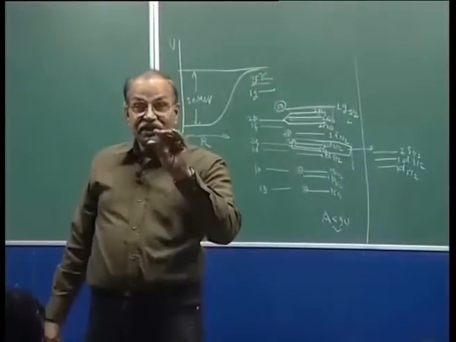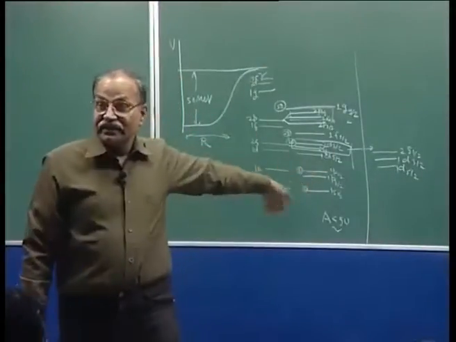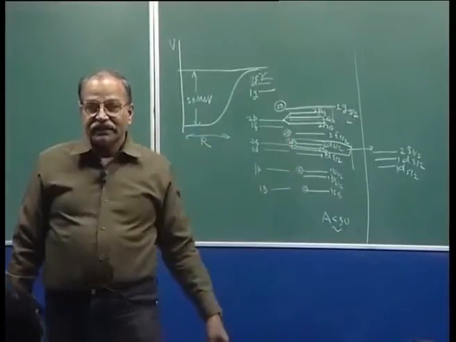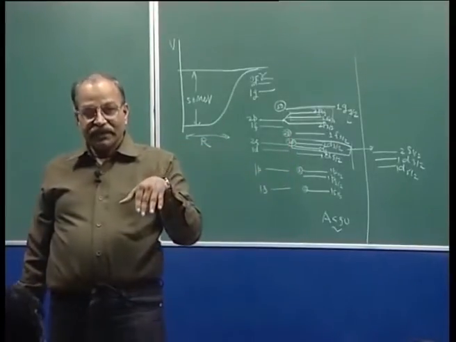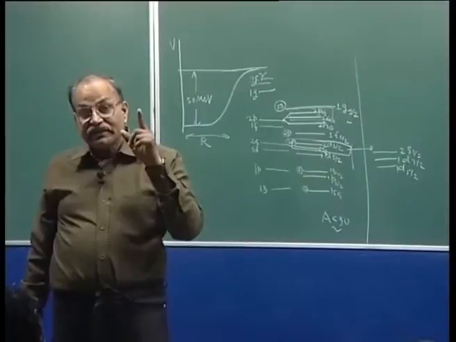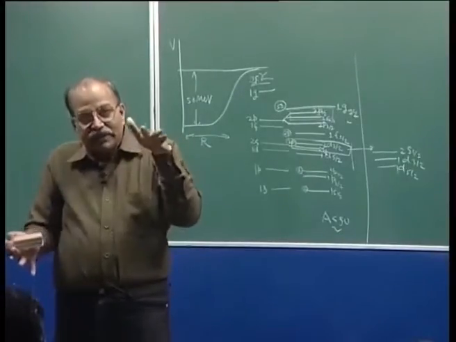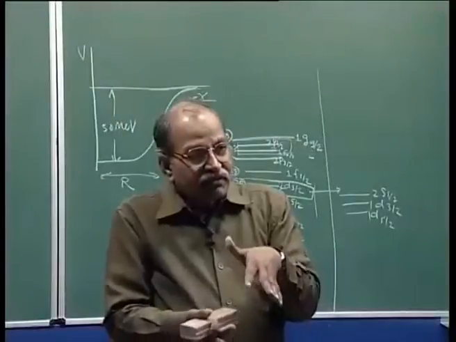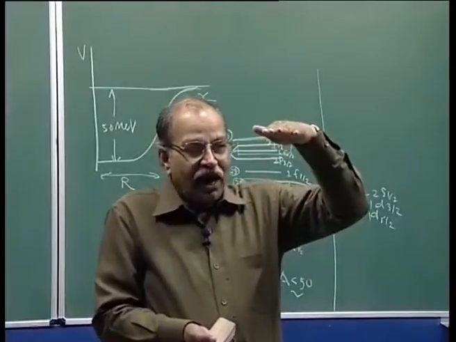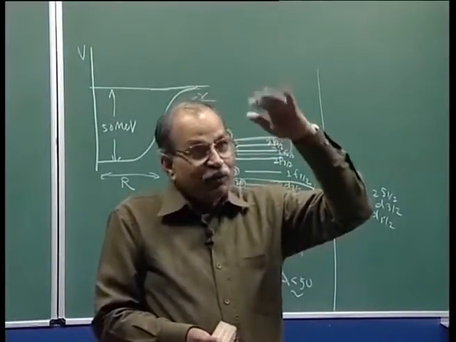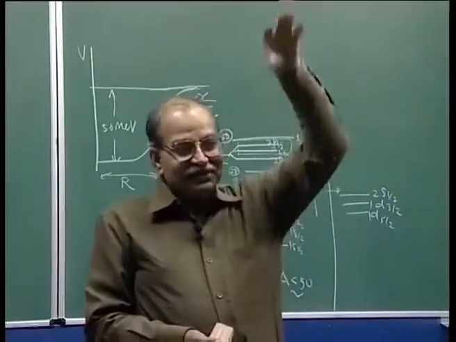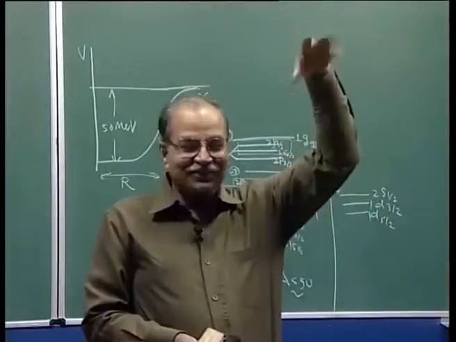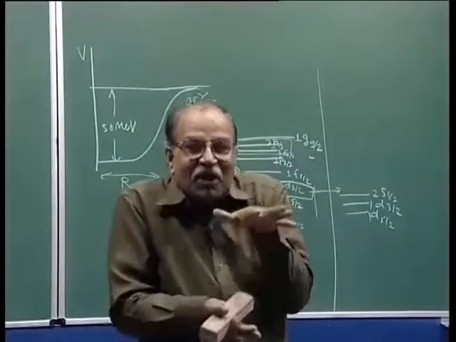So, the average separation between the energy levels that you are seeing here is a function of capital A, and as capital A increases, this whole thing will get squeezed. In the same height of the blackboard, you should be able to bring all those 126 and 180, it is all compressed.